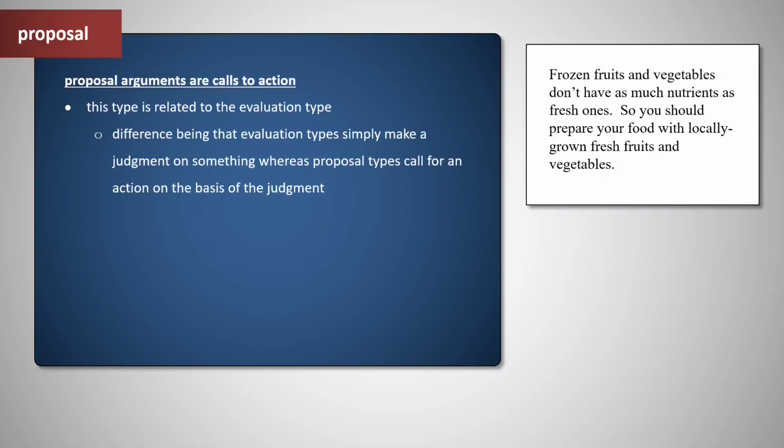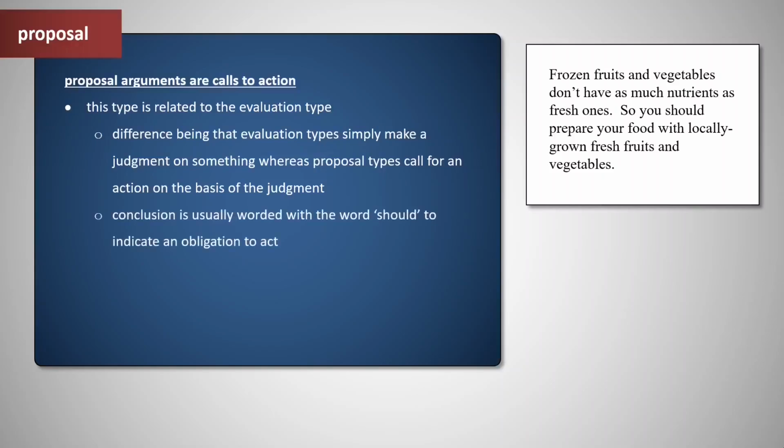So in this particular argument, an evaluation might say something along the lines of frozen fruits and vegetables don't have as much nutrients as fresh ones, so frozen fruits and vegetables are less healthy, or something along those lines. It might just say, here's a particular process and an effect, and that makes it good or bad. The difference here is that the proposal types go a step further and say, well, on the basis of that, you should do something.